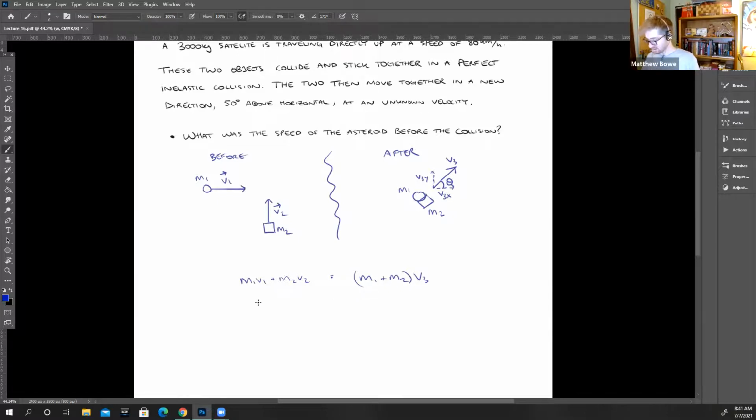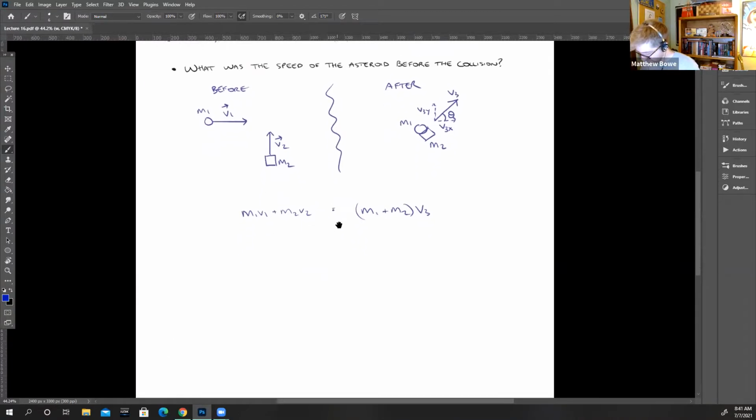We can't necessarily jump into this problem just like this as it is, because they're moving in orthogonal directions. We need to break it into its individual components first.